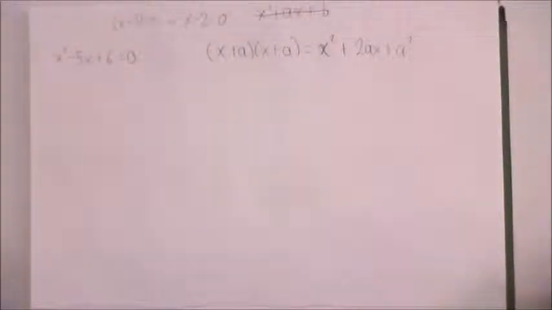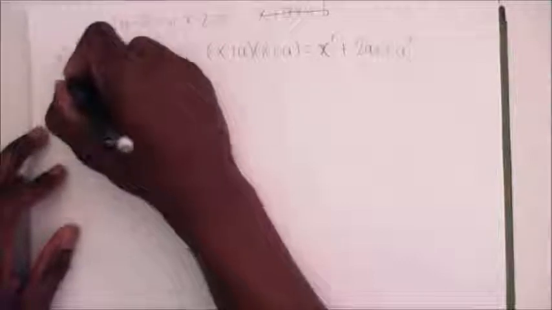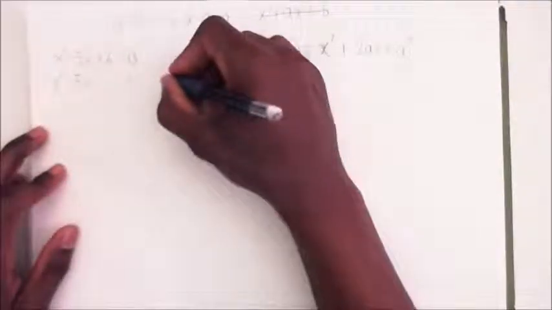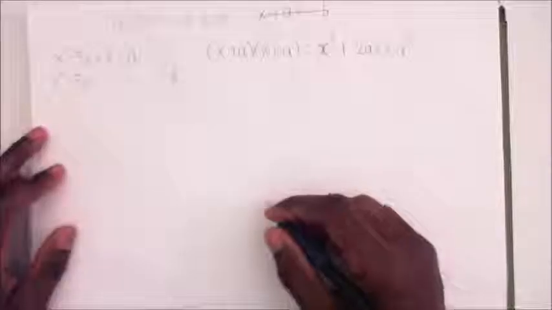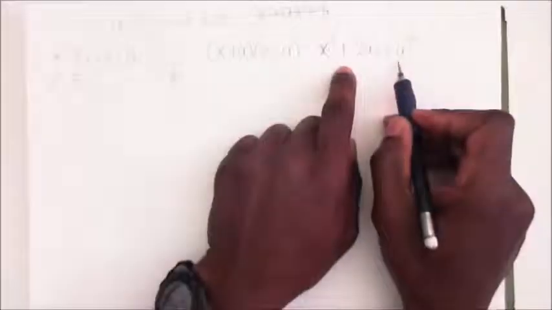But let's go ahead and go through the process and see how this works. Okay, so I'm going to say x squared minus 5x, I'm going to minus 6 from both sides, is equal to minus 6.